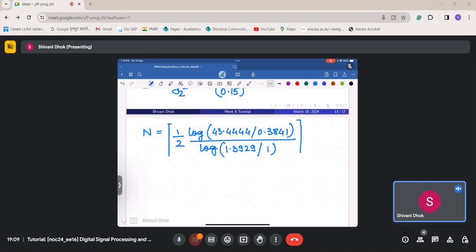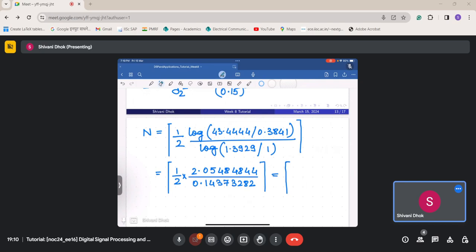Half of log of this quantity gives 2.05484844, and the denominator gives 0.14373282, and after simplifying this gives 7.1482, which rounds to 8.